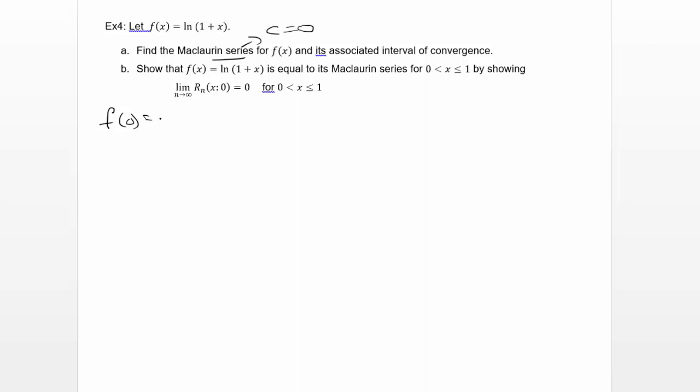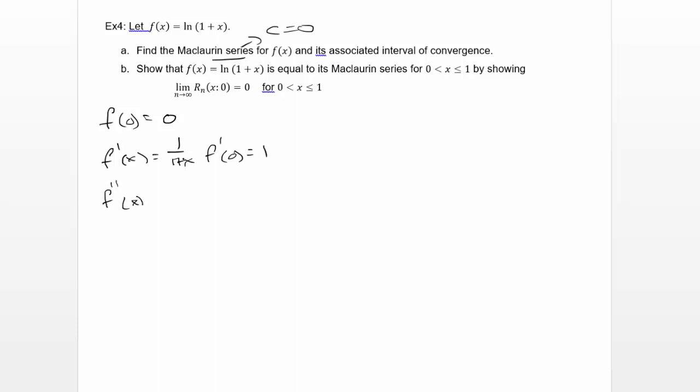Natural log of 1 plus 0 is natural log of 1, which is 0. We need to know what the first derivative of this function is. The first derivative of natural log of 1 plus x is 1 over 1 plus x. So the first derivative at the center is 1 over 1 plus 0, which is 1.